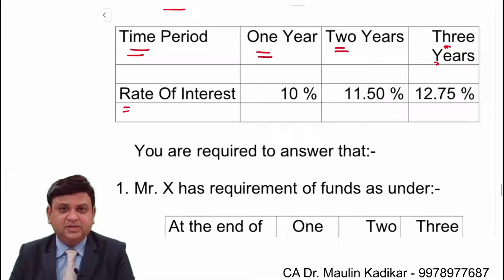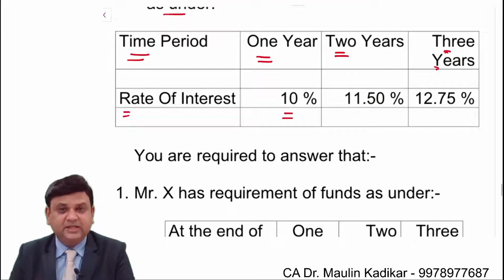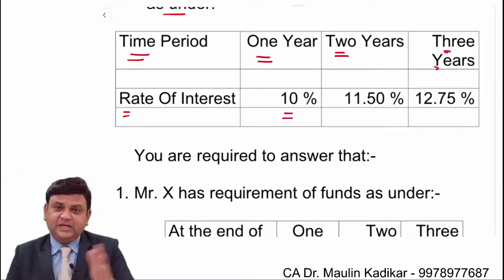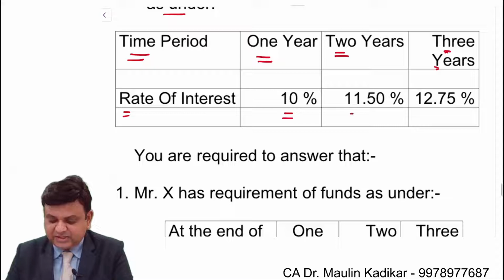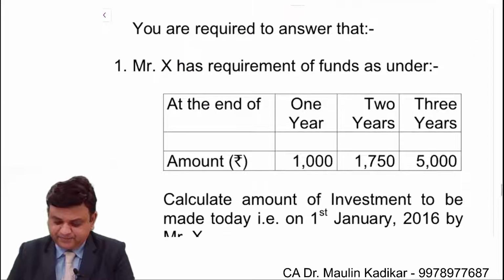If you make an investment for 1 year, the rate of interest is 10%. If you invest directly for 2 years, the rate of interest is 11.5%. And if you invest directly for 3 years, the rate of interest is 12.75%.